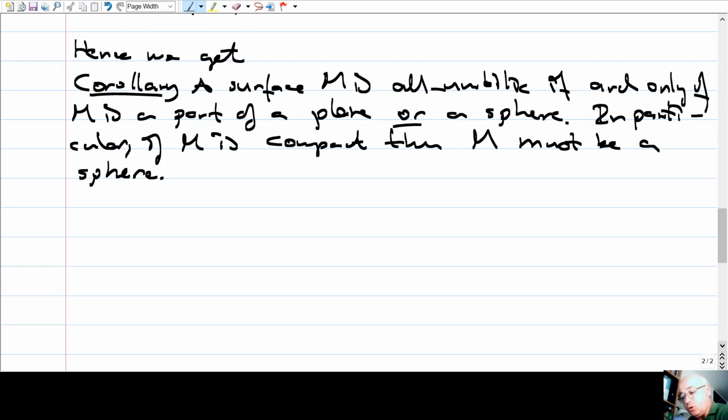In that case, it is all umbilic, but this time Gaussian curvature is identically 0, and the shape operator is just trivial in that case. Okay, let's see what this theorem tells us.